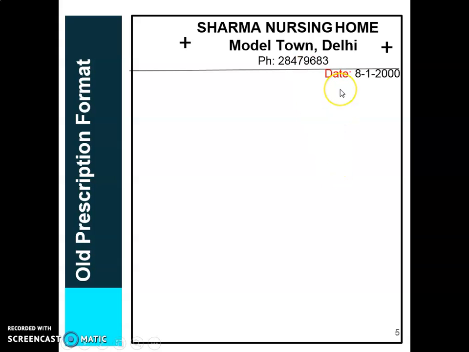First, date. Date helps a pharmacist to find out the date of prescribing and date of presentation for filling the prescription. Narcotic and other habit-forming drugs must bear the date.